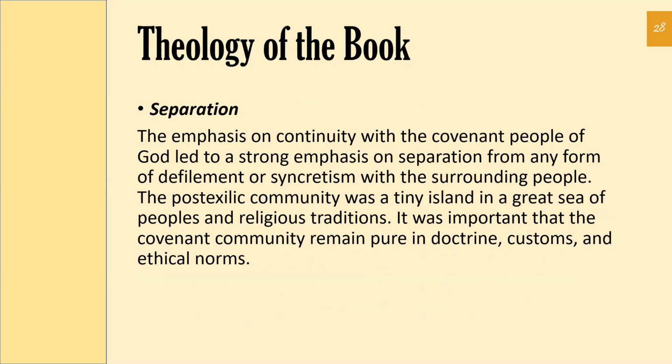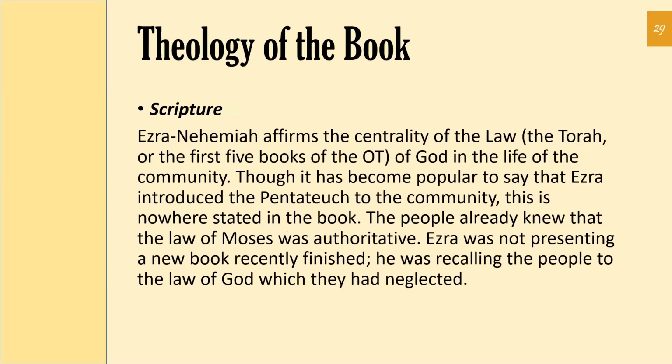This one issue, the emphasis on continuity with the covenant people of God, led to a strong emphasis on separation from any form of defilement or syncretism with the surrounding people. The post-exilic community was a tiny island in a great sea of peoples and religious traditions. It was important that the covenant community remain pure in doctrine, customs, and ethical norms.